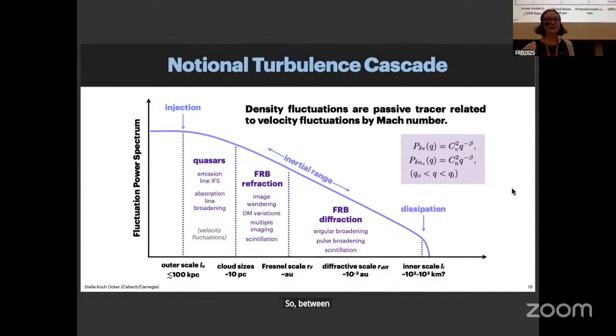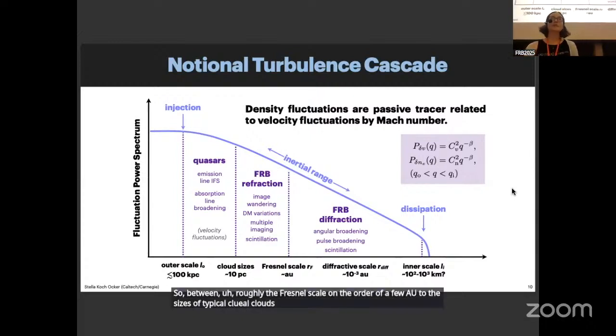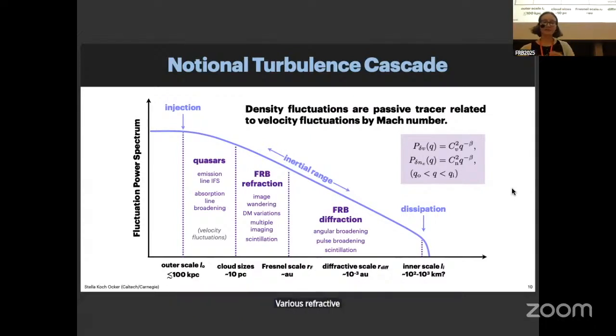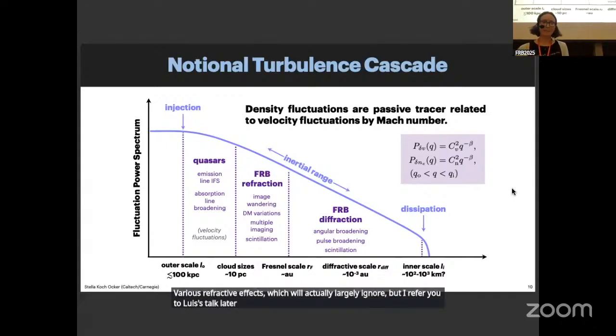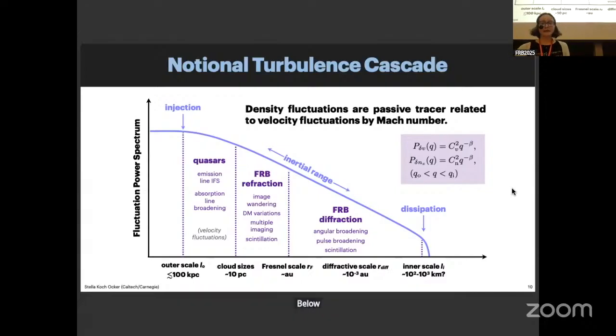Between roughly the Fresnel scale, on the order of a few AU, and the sizes of typical clouds, you might expect various refractive effects, which I'll largely ignore, but I refer you to Luis's talk later for more discussion of that. Below the Fresnel scale, we would expect various diffractive scattering effects.